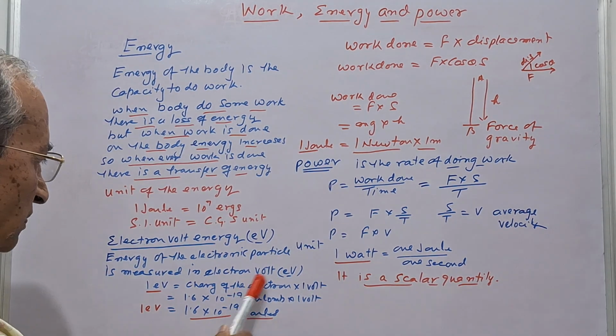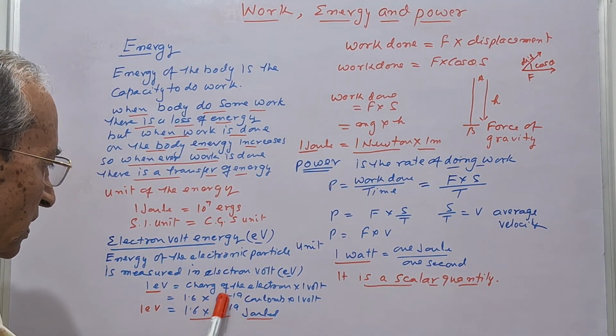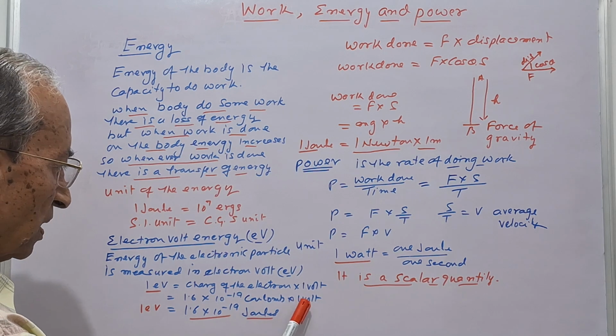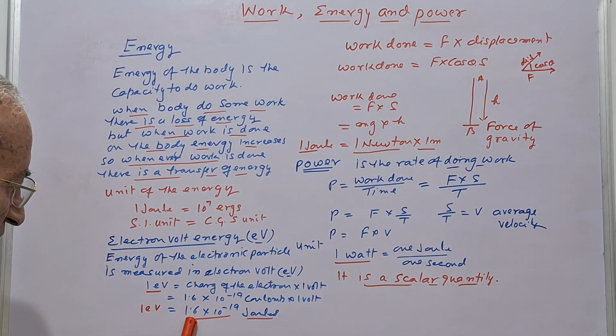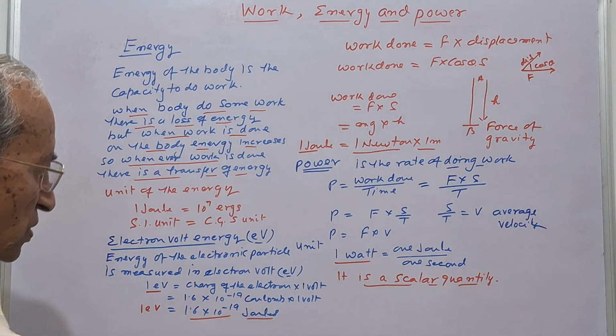The charge of the electron is 1.6 into 10^-19 coulombs. So we say that 1 electron volt is equal to 1.6 into 10^-19 joules.